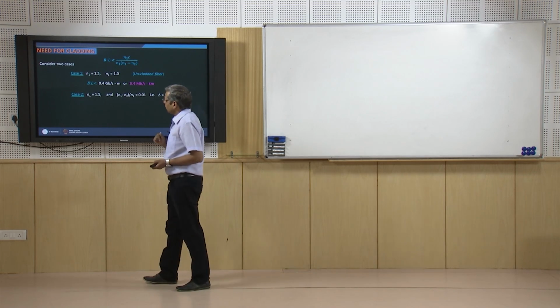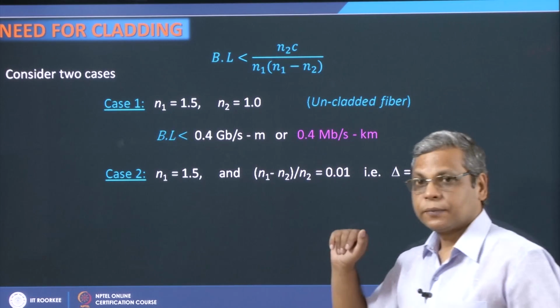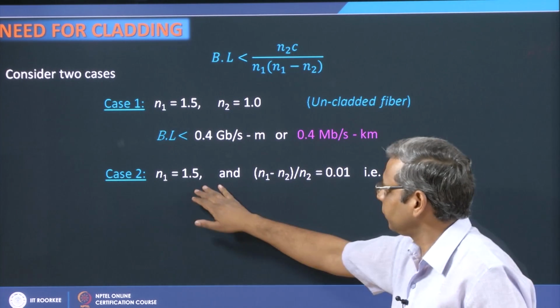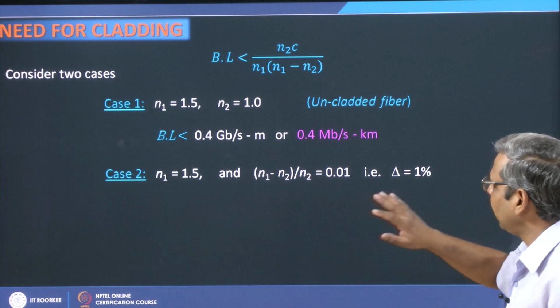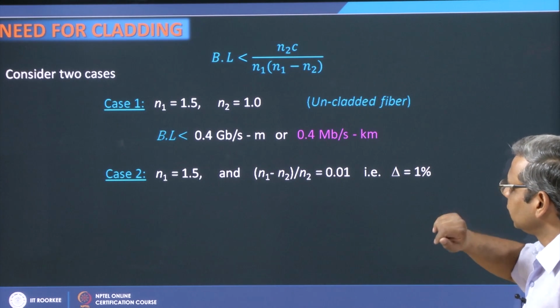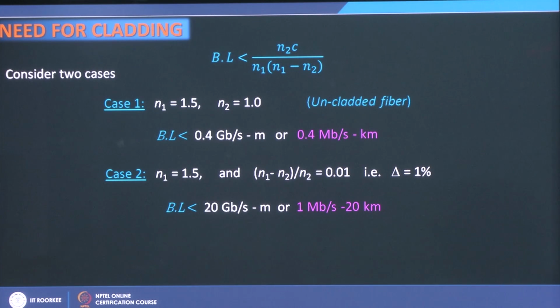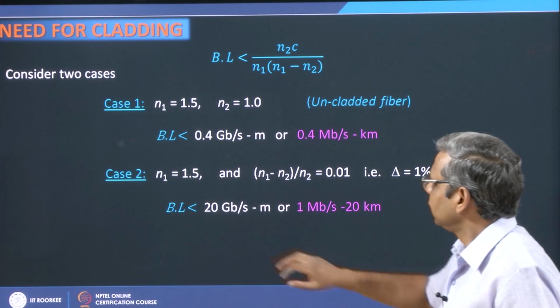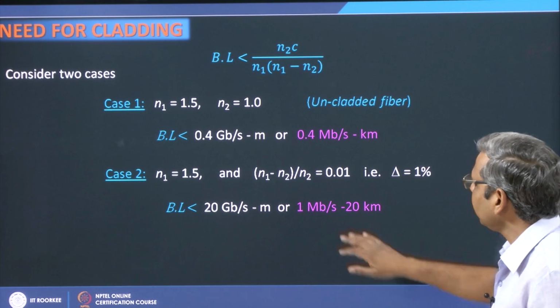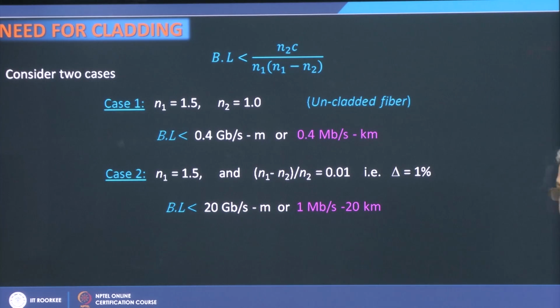Now, let me take another case, which is that of a cladded fiber where N1 is equal to 1.5 and delta, the relative index difference, is 1%. Then what is B times L? Then B times L comes out to be 20 Gbps over 1 meter or 1 Mbps over 20 kilometers.